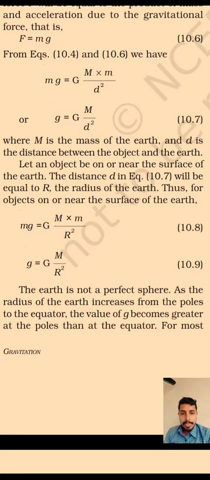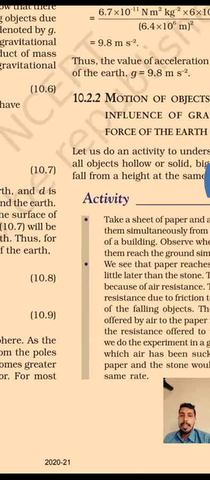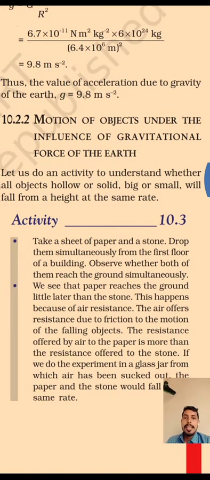Justify your answer. Then you have to know that point. At the poles, the radius from center to pole is lesser than the radius from center to equator. Okay, that you got, I think.